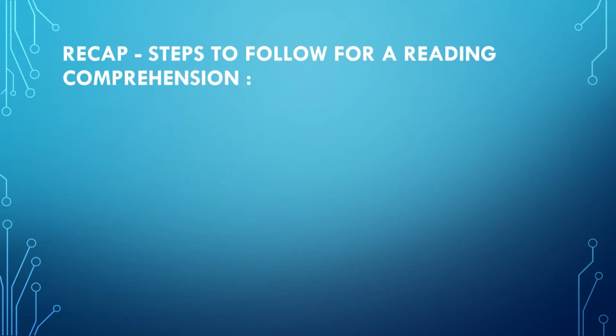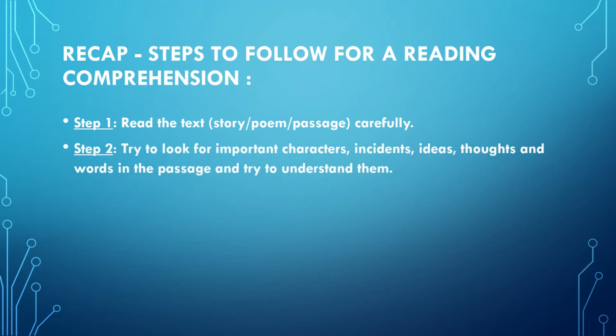Now let me recap the steps to follow for a reading comprehension. Step 1. Read the text, that is story, poem or passage carefully. Step 2. Try to look for important characters, incidents, ideas, thoughts and words in the passage and try to understand them.